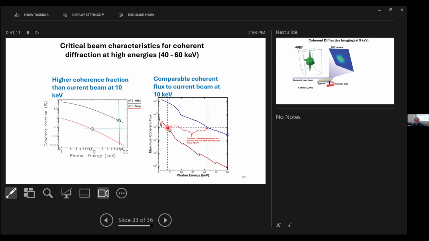The point of this slide is that above 40 kilovolts, one will have the same sort of coherent flux as we have had way down here at 9 kilovolts. So this means there's a huge improvement in coherence.